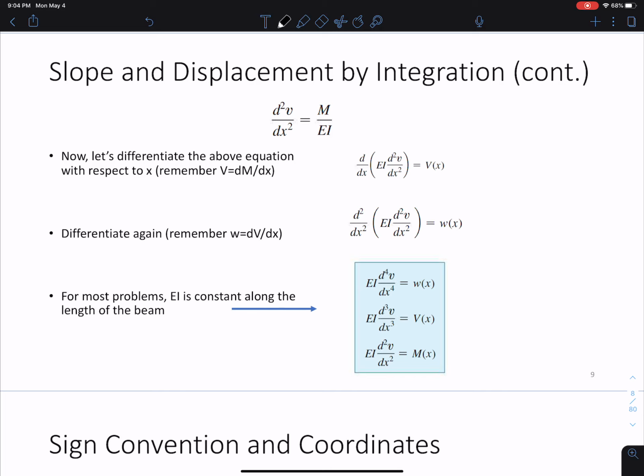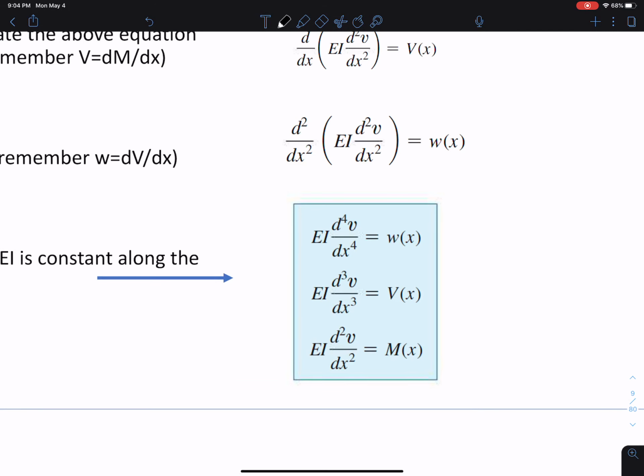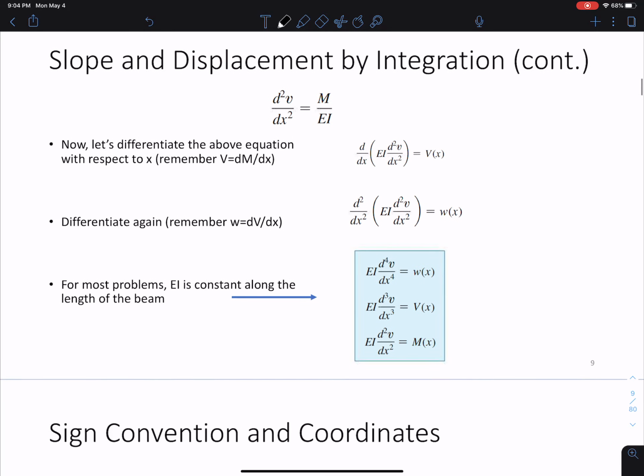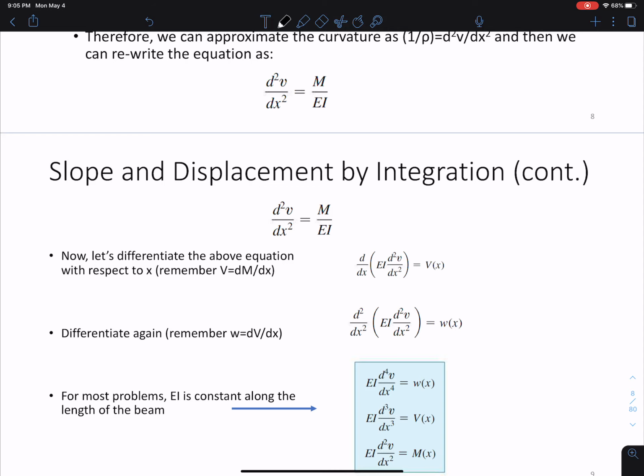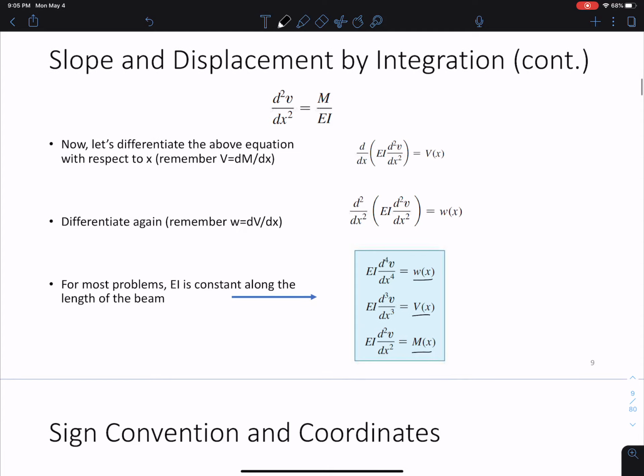So this is the big picture here. This is what we're going to use to solve for our slope and deflection. If you go through this derivation, what you'll see is from our moment curvature relationship, we can determine our slopes and deflections through the load, the shear, and the moment. So we can use the shear, the moment, and the load to take the derivatives and find our deflections and rotations, which is really cool.